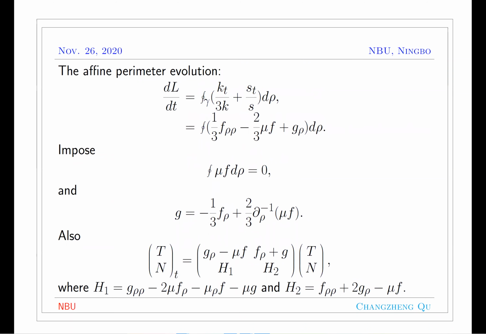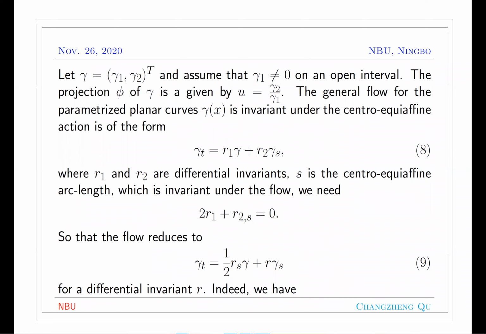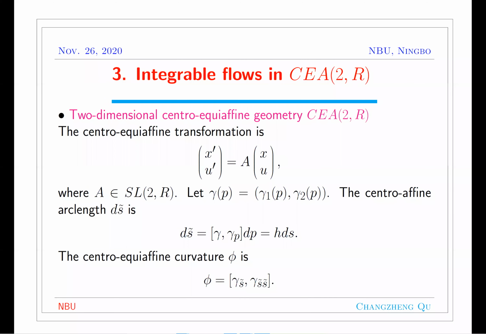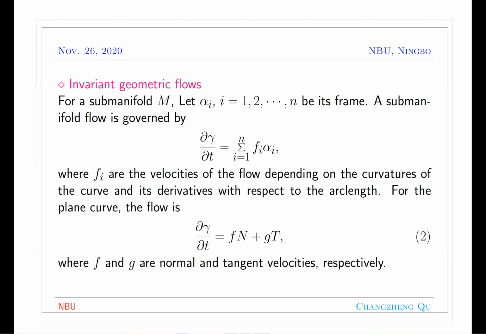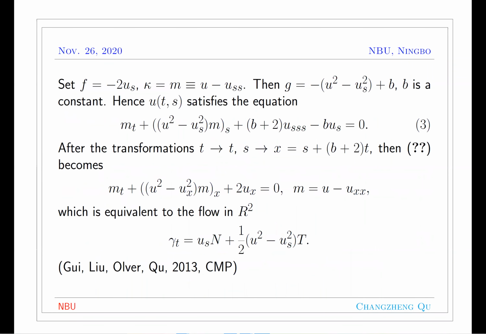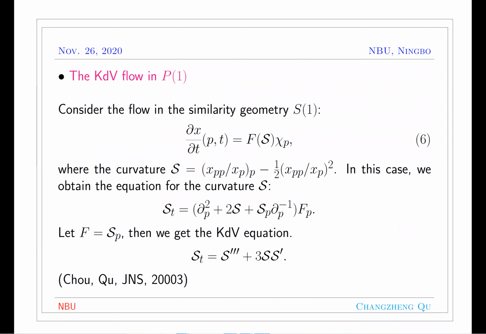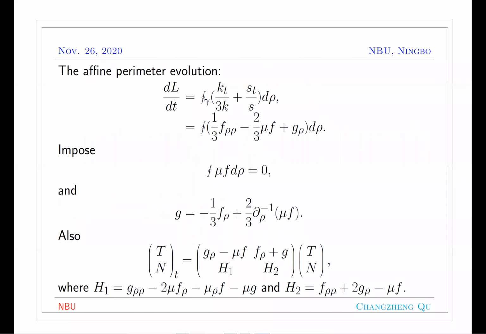So if we assume the affine parameter is invariant under the flow, then in the planar case we use this flow. F is the normal velocity, G is the tangent velocity. Also we assume rho is the arc length in the affine geometry.